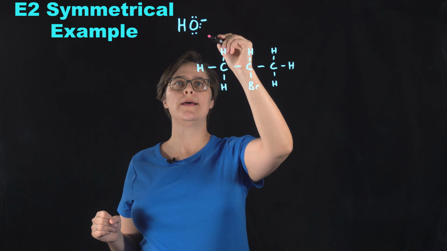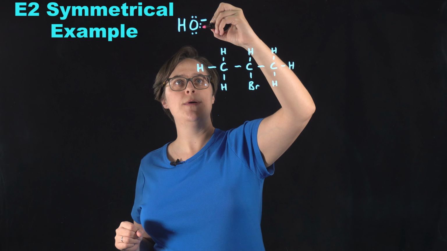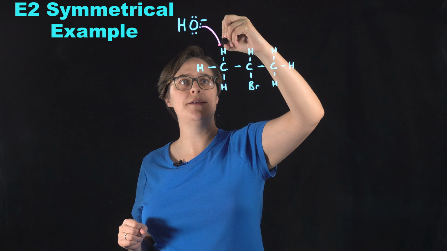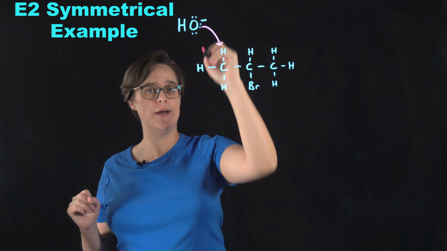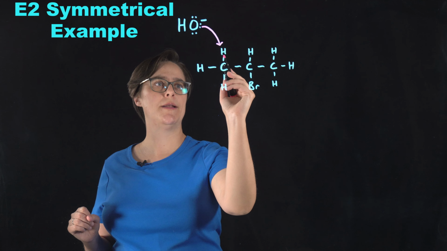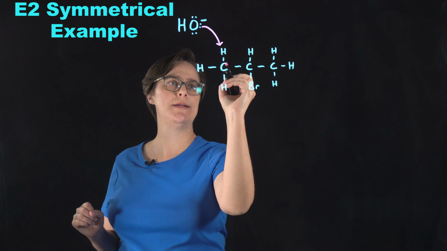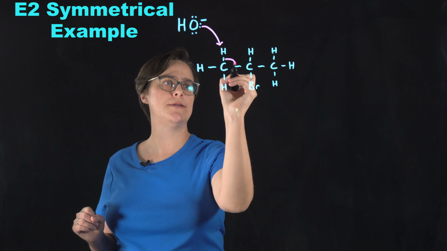But we need a lone pair of electrons from our base to attack one of these beta hydrogens. So, a curved arrow with 2 barbs. So this bond is going to start to form. And when that happens, the bond between that hydrogen and its carbon is going to break. And those 2 electrons are going to move to the carbon-carbon bond.